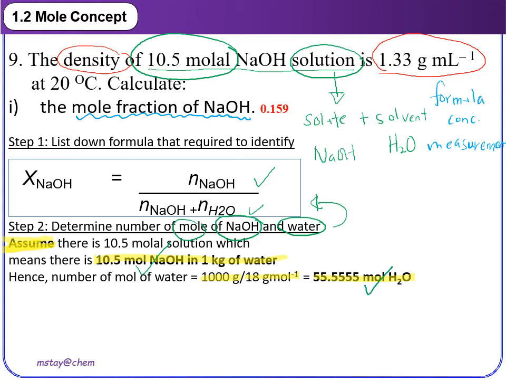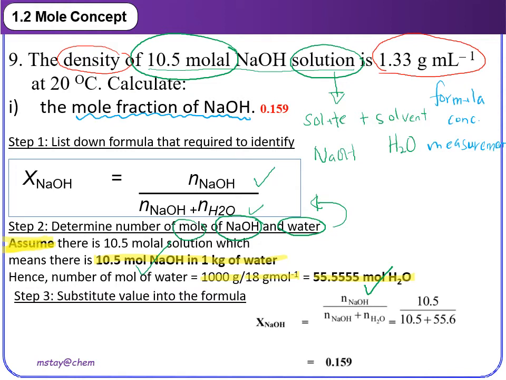Last step, we substitute the values into the formula and the final answer for the mole fraction of NaOH is 0.159. Again, a reminder: always remember the formula of concentration measurement.